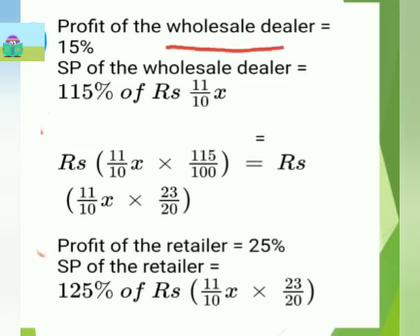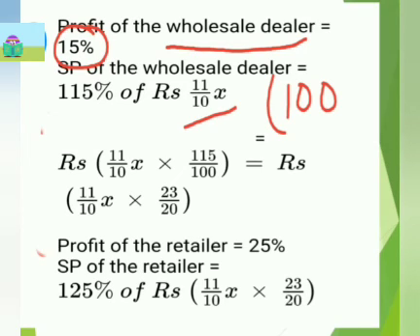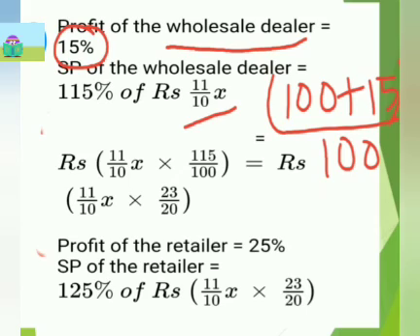Now for the wholesaler dealer, he is gaining 15% and we have calculated the CP as 11 upon 10 X. Now the selling price for the wholesaler dealer we have to calculate. Again we know the selling price formula, 100 plus, what is the percentage here for the wholesaler? 15%. 15 upon 100 multiplied by the CP.